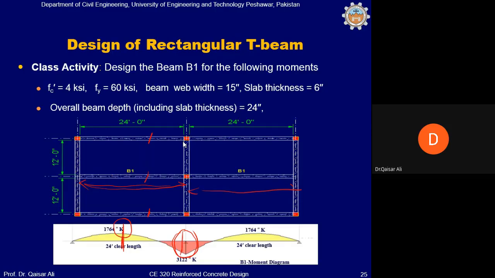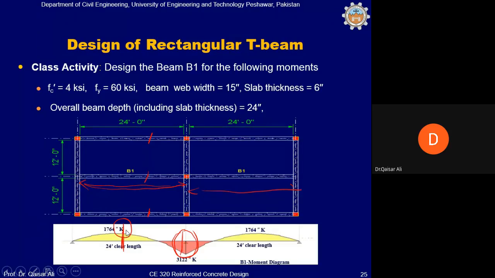So please start this class activity, and follow the steps that we discussed today, first of all designing this beam for a positive bending moment of 1764 inch-kips. The beam depth is given to you, 24 inches total depth, slab thickness is also given, and the bending moment is also given.